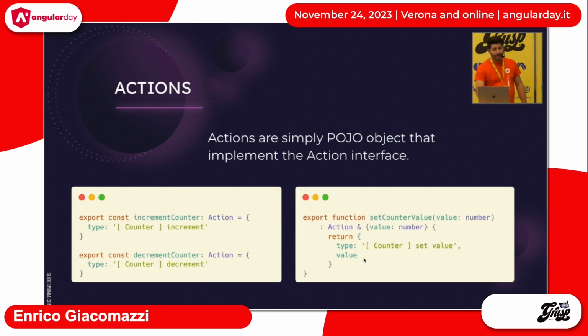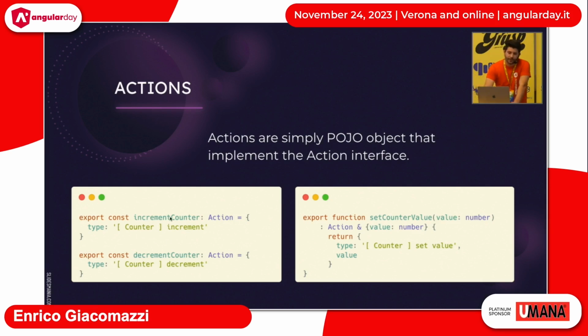Usually the type of our action is declared like this. So we have a key surrounded by square brackets that identifies our feature, our business unit, and then a label that tells us what the action does.